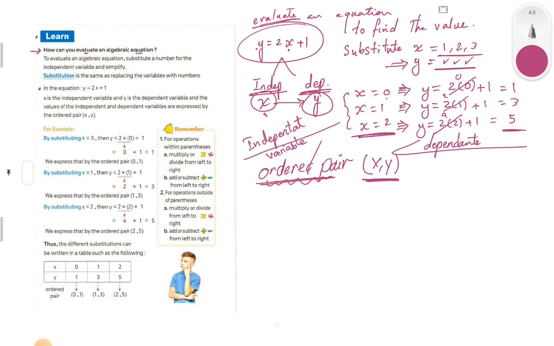Okay, what does that mean? This means that every time I substitute x by any value, then I will find a different value of y, as this case, and next one, and next one. Now I have three values.